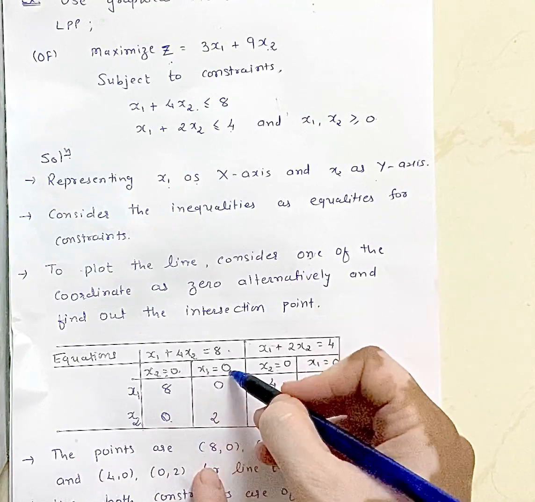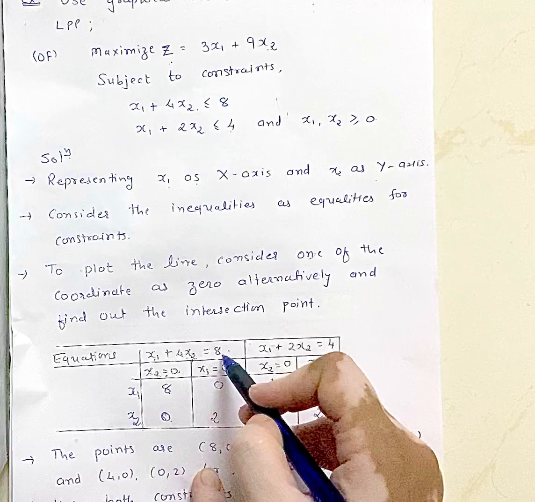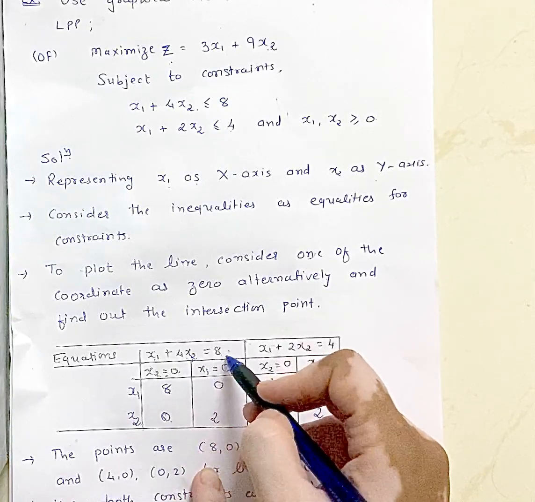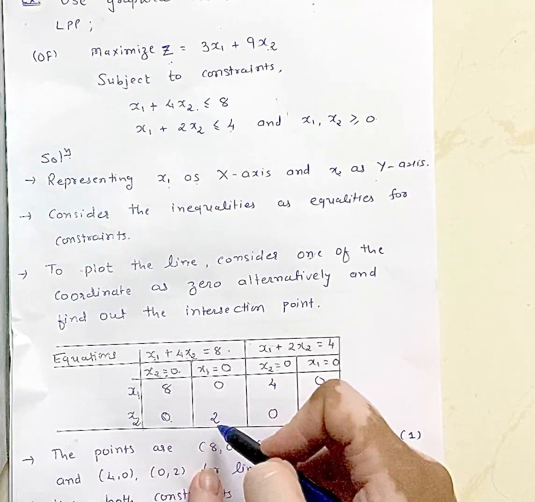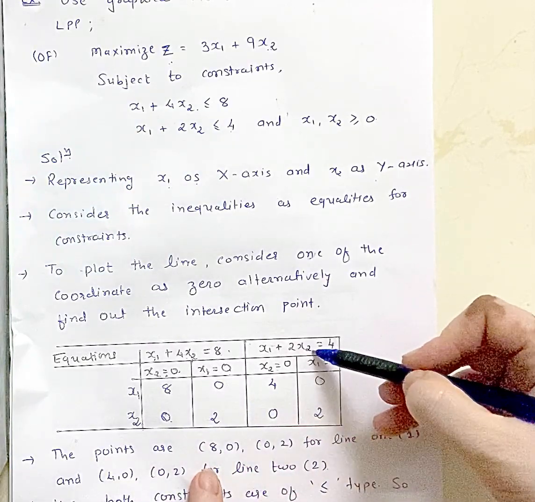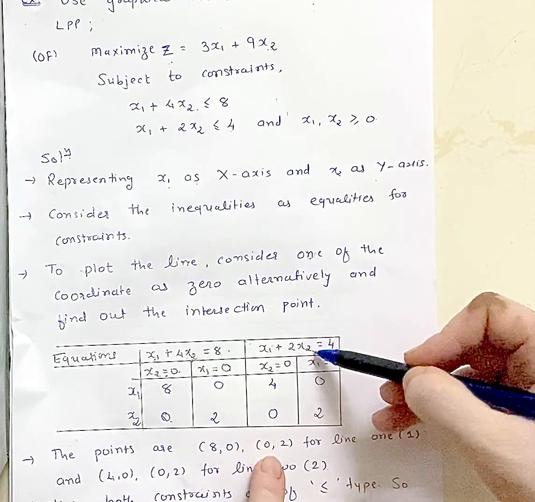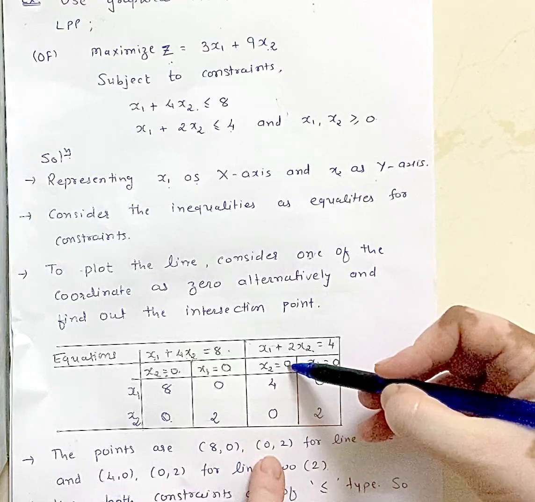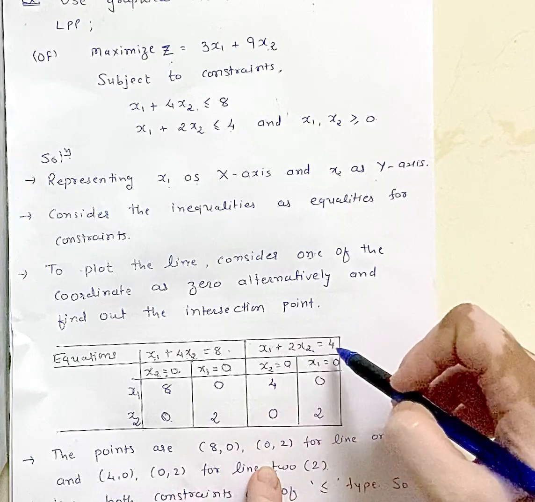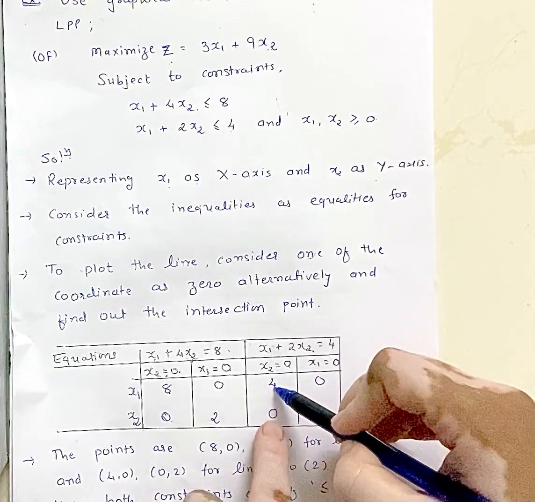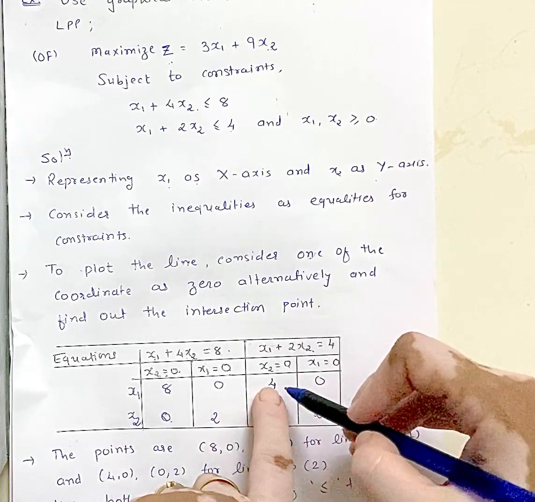In the second case, x1 equal to 0, so 4x2 is equal to 8, so x2 is equal to 8 by 4, which is 2. Similarly, for the second equation, find the two values of x1 and x2 the same way. First take x2 equal to 0: you get x1 equal to 4.